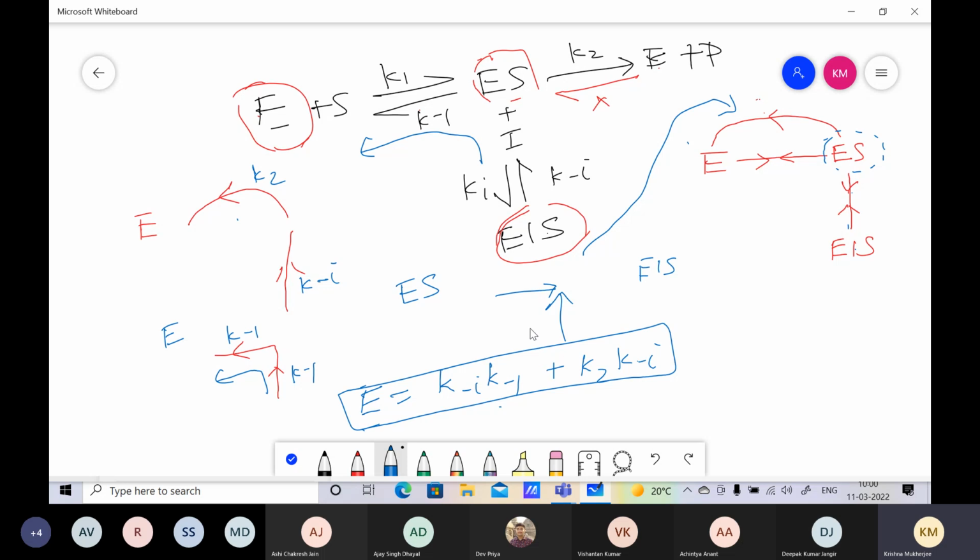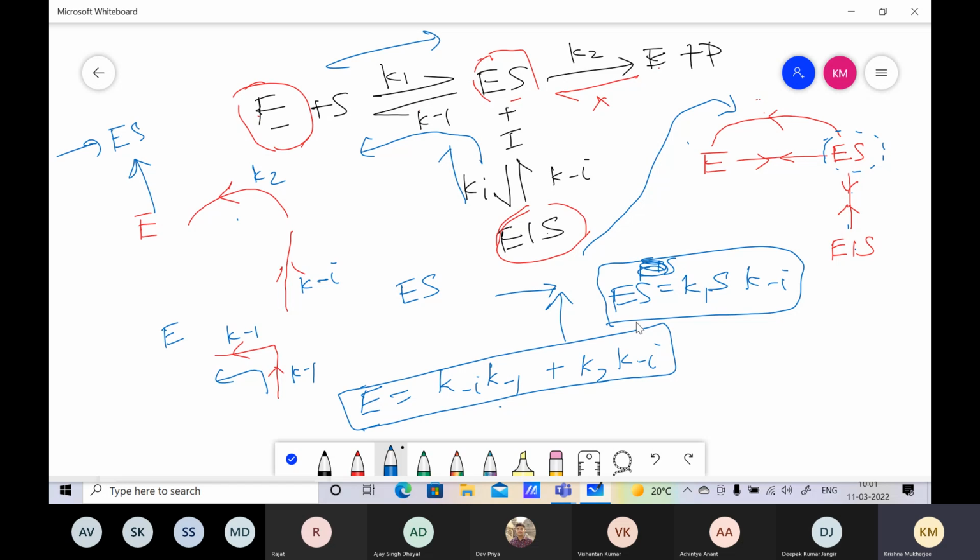अब ES का बताते हैं जल्दी, टाइम हो गया ना, सॉरी, बट एनीवे ES का क्या है? ES और EIS बहुत सिंपल है. ES is K1S into K minus I, right? ES is only one, just this and this, that is all. ये backward reaction तो है नहीं. तो K1S into Ki, that is it, ES. Okay? इसीलिए मैंने कहा ना लिख के करना पड़ता है.